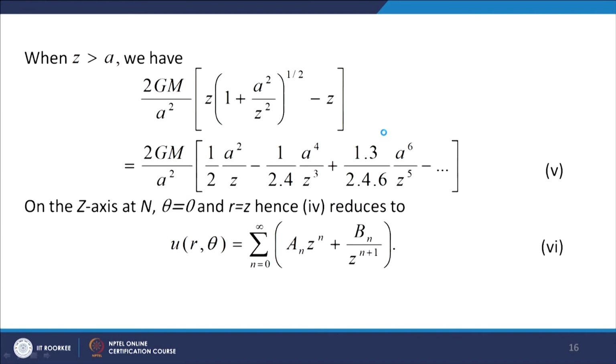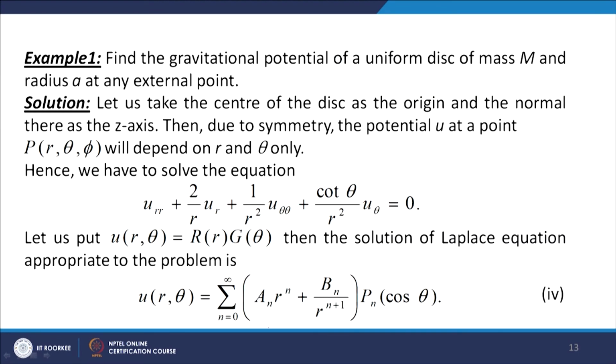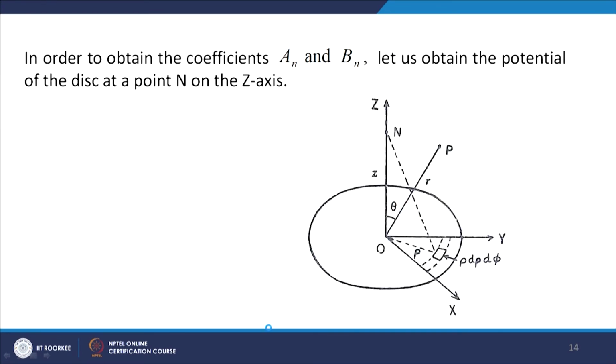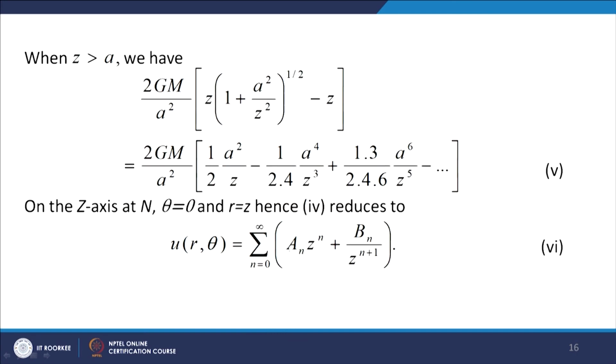So this solution reduces to a_n z to the power n, because r becomes z, a_n z to the power n, b_n over z to the power n plus 1, and theta is 0. So P_n(0) is always 1, and so u(r, theta) becomes this.